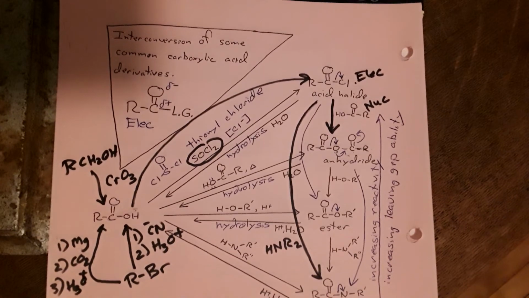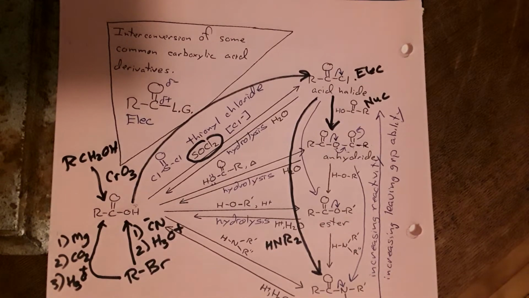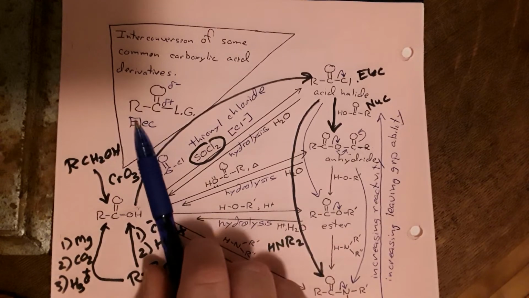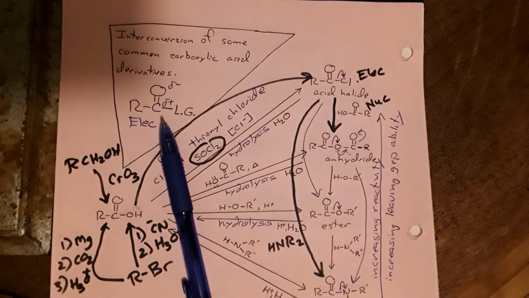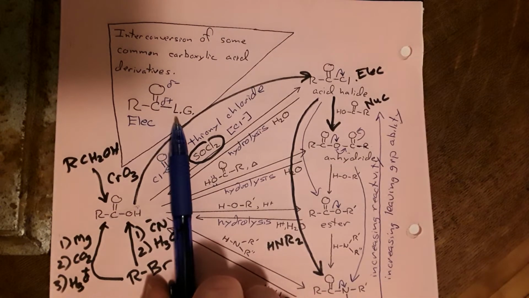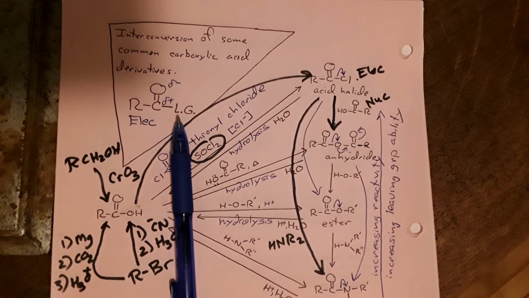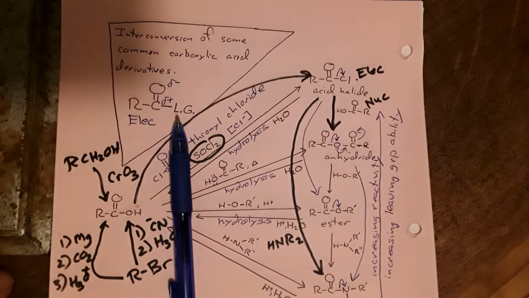So what we're going to do is look at your handout, your pink sheet here, which summarizes all the reactions of carboxylic acids and carboxylic acid derivatives. This doesn't cover every single carboxylic acid derivative. It covers most of them, the ones that have this general form: a carbonyl with some sort of a leaving group attached to that carbonyl.